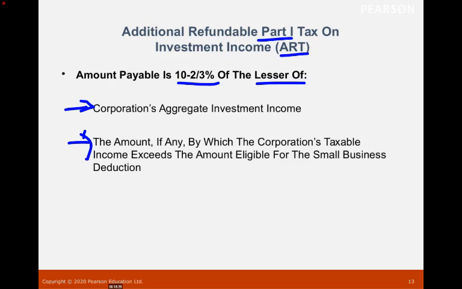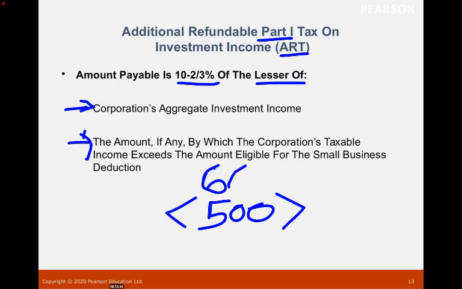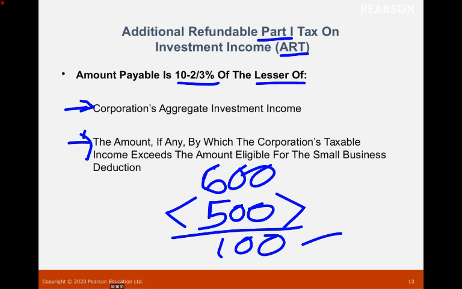So in other words, do we have any income over and above the small business deduction amount? So say, for example, if you were using the full small business deduction cap of 500, but your taxable income was 600, you are 100 over. So basically you have 100,000 of income that's going to be taxed at the general rate.